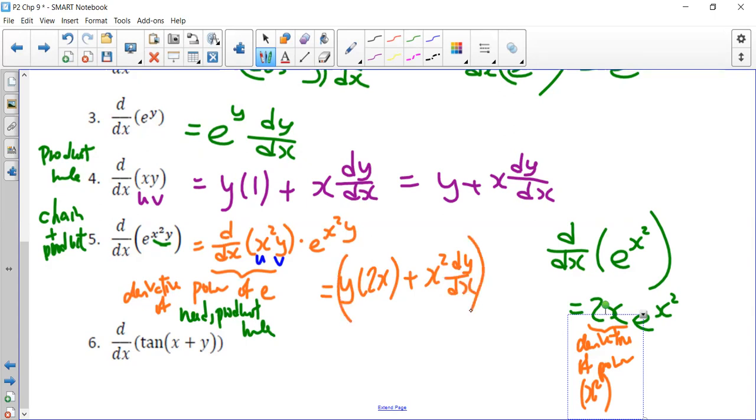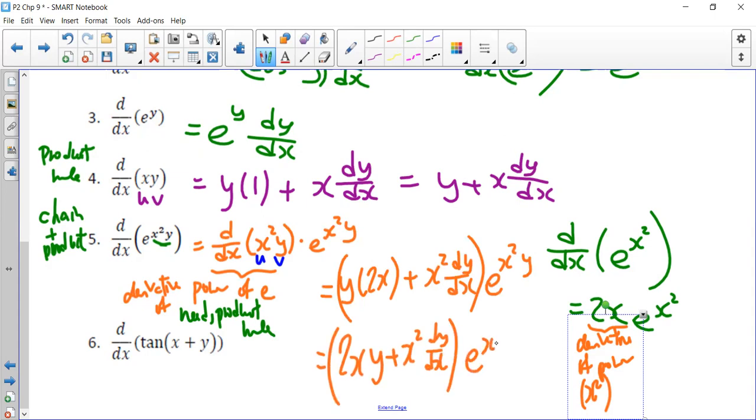That's all in a bracket times e to the power x squared y. That is the same as 2xy plus x squared dy by dx, in a bracket, times e to the power x squared y. And that's the answer.